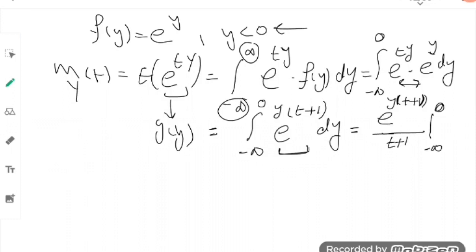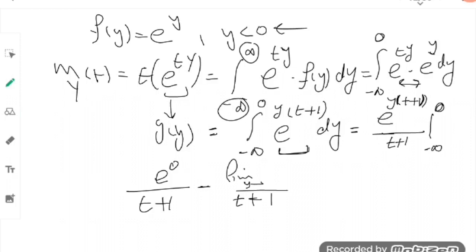When we substitute for y equals 0, this will give us e to the power 0 divided by t plus 1, minus 1 divided by t plus 1 times e to the power the limit when y tends to negative infinity of this function.